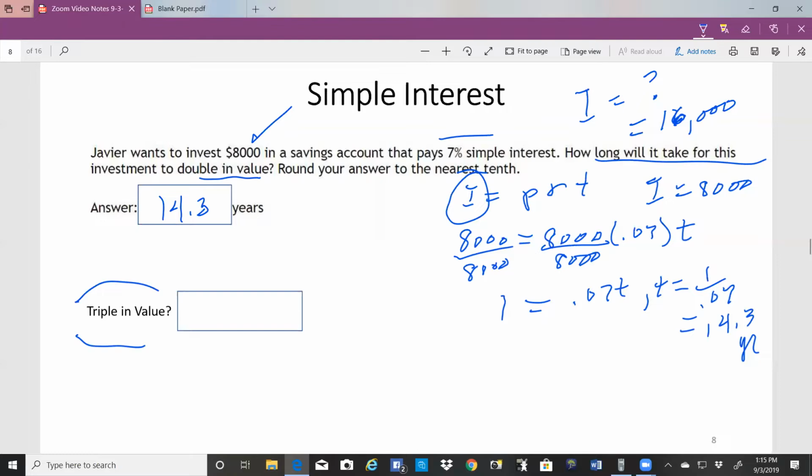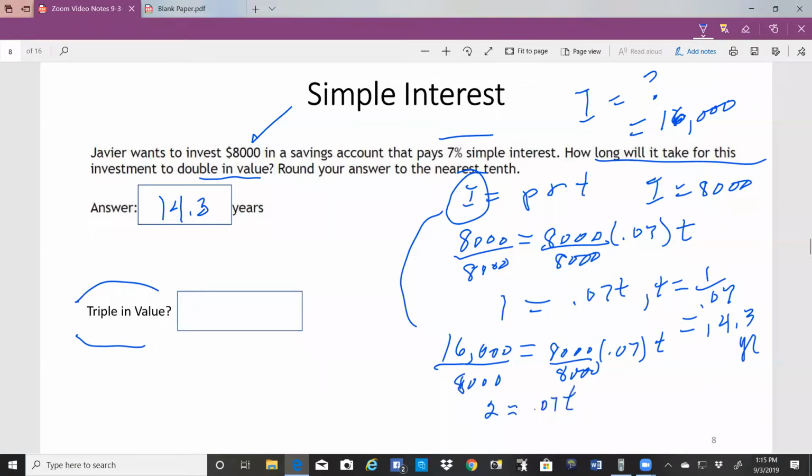So now you plug in 16,000 equals 8,000 times 0.07 times T, and now I divide by 8,000. This is a linear equation that you can easily solve any way you want to.